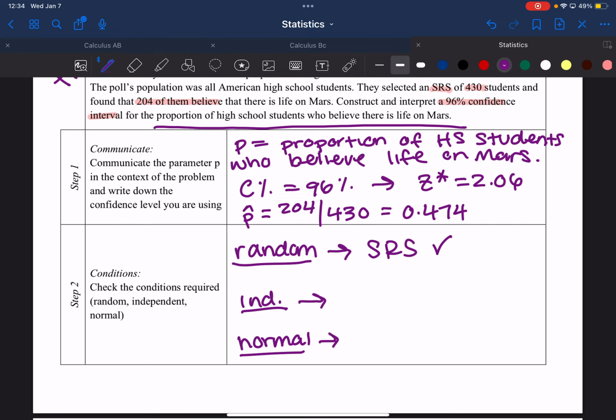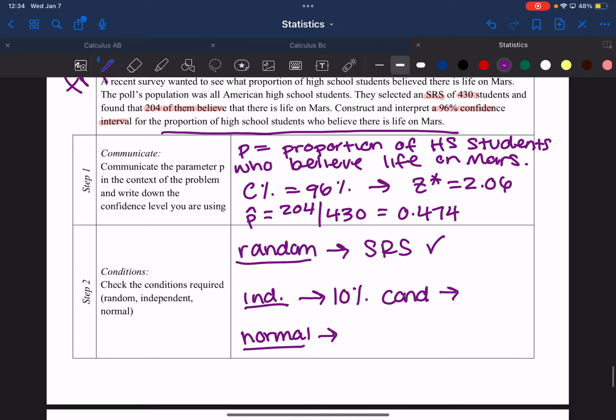Okay, for independence, we had to use which condition? 10%. The 10% condition states that our sample size has to be less than or equal to 10% of our population size.